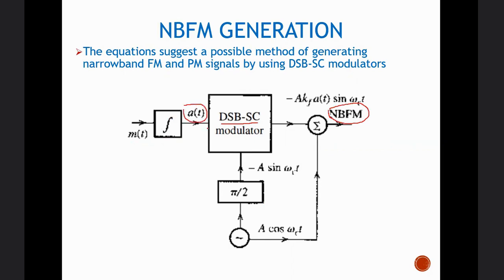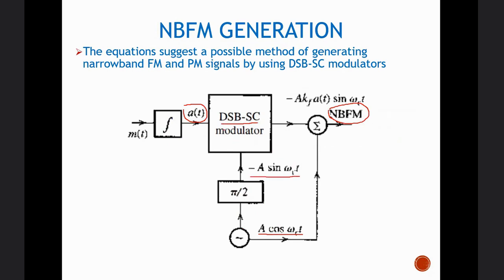We give this a(t) as input to a DSB-SC modulator. The other input to the modulator comes from an oscillator that has an initial value of A cos(ωct). We pass it through a phase shifter and we get minus A sin(ωct).